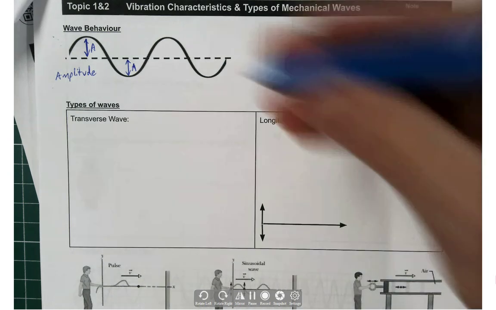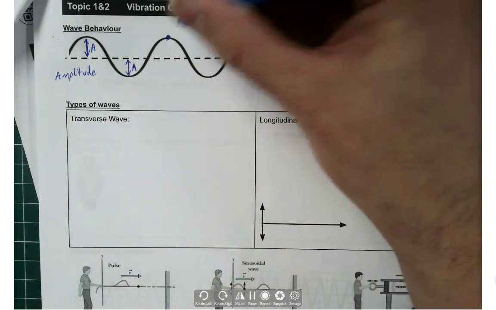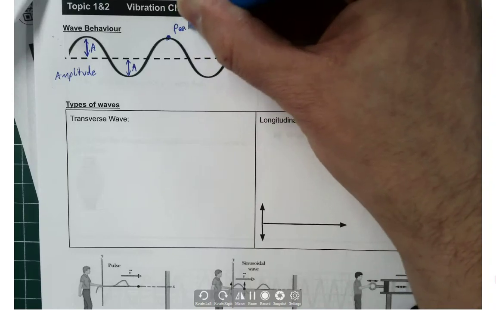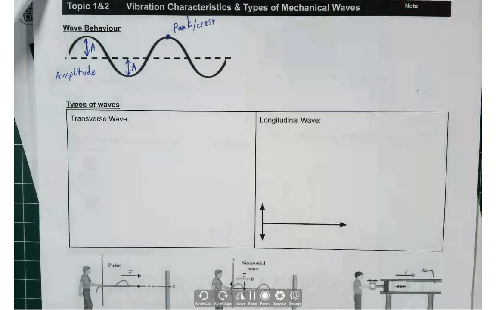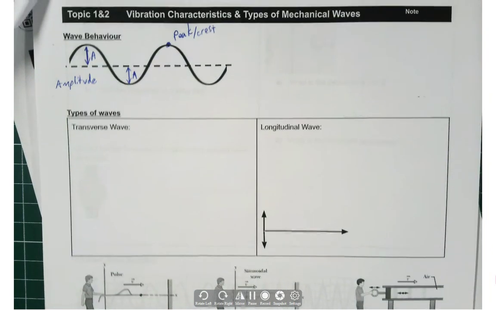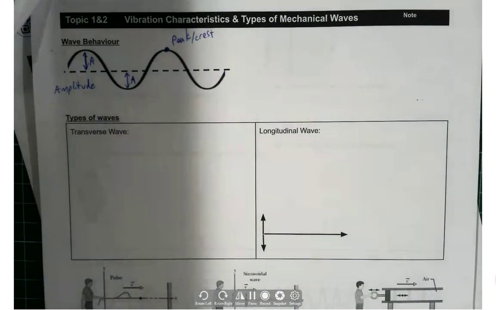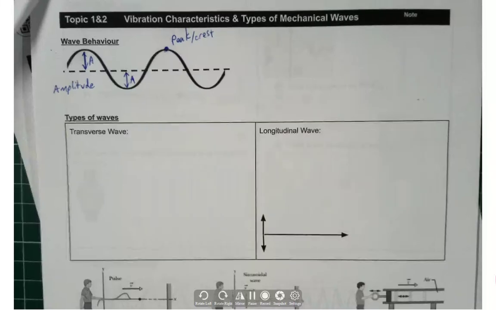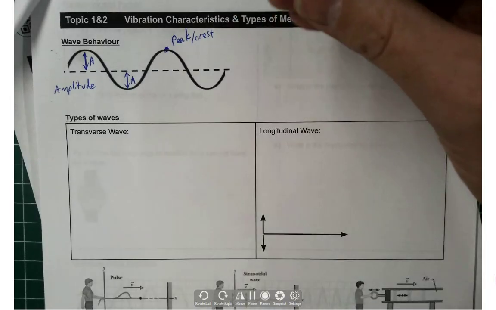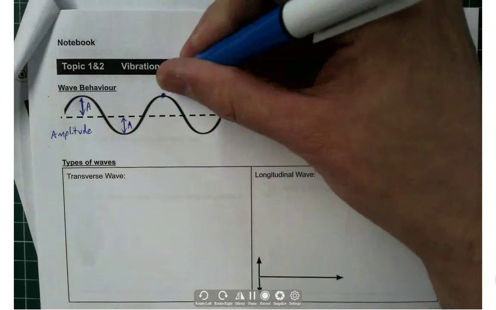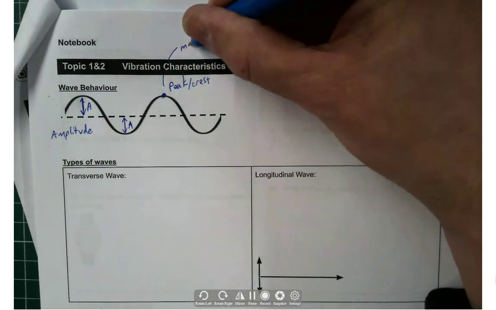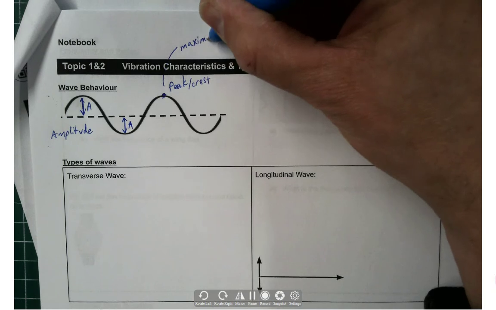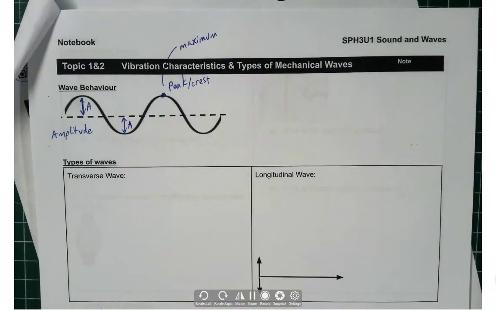When we talk about a wave, we also will talk about there being a peak or a crest. You may encounter friends, websites, YouTube channels that, and I'll just throw it up above because I'm not going to use it as one of my main words, they might just use the word maximum. I'm going to use the words peaks and crests primarily.